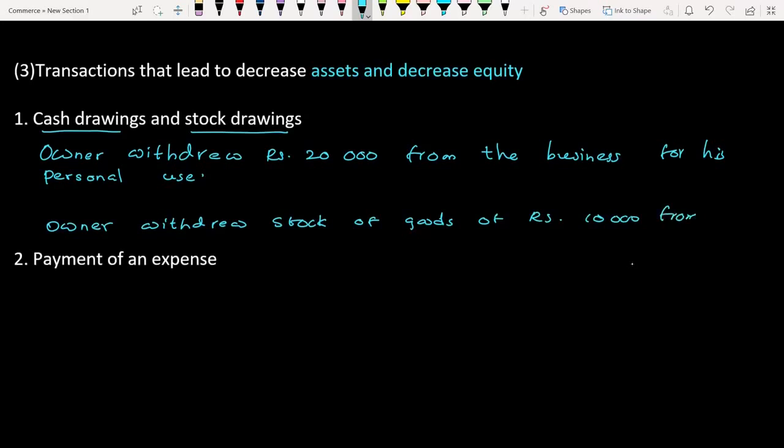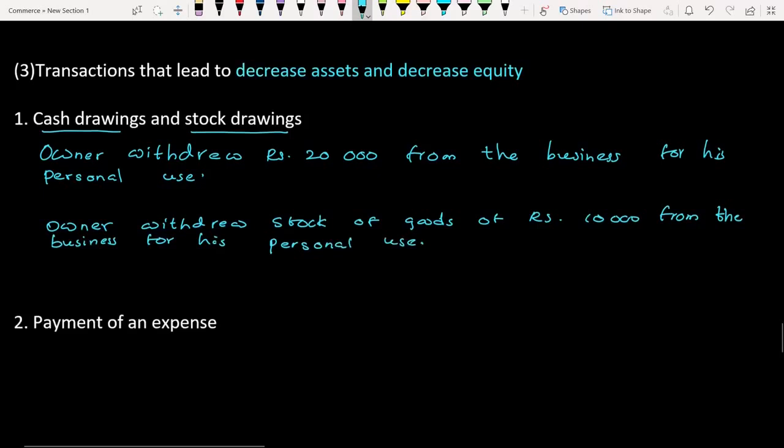From the business once again for his personal use. Now, because of these two transactions, the assets as well as the equity of the business will reduce.